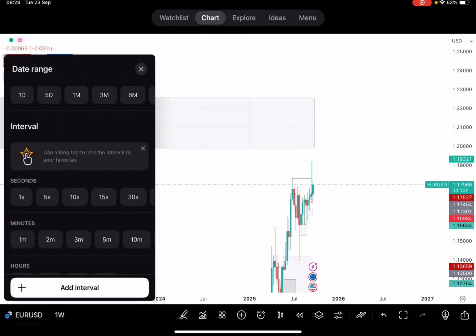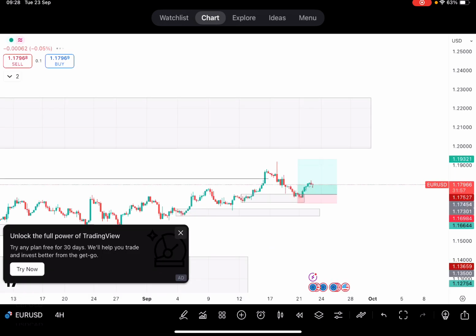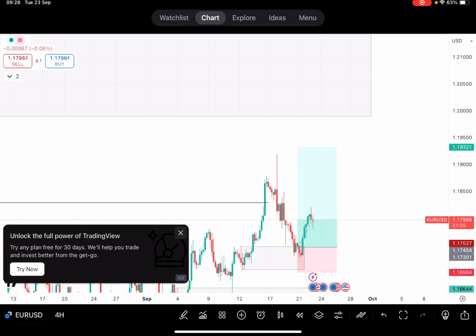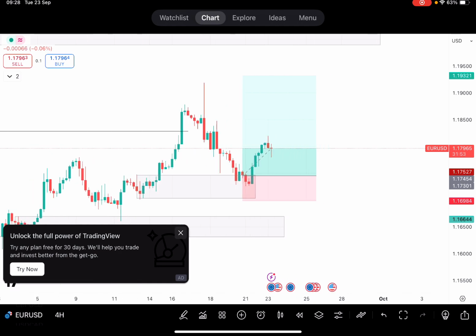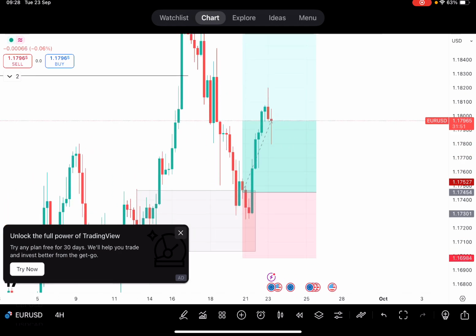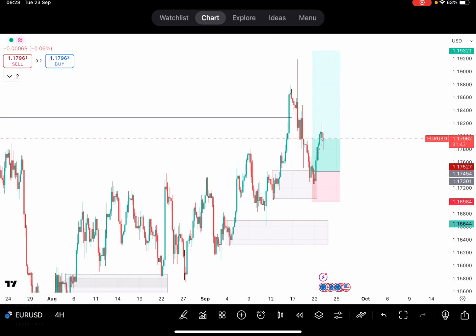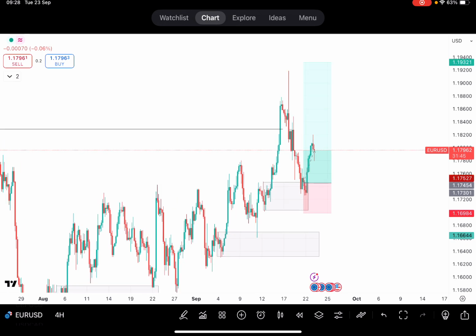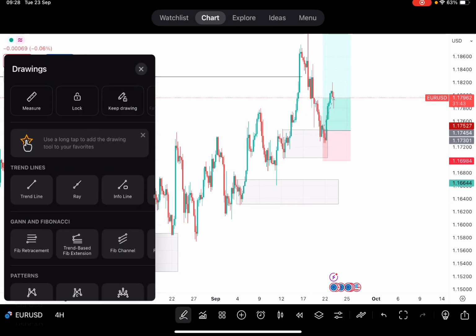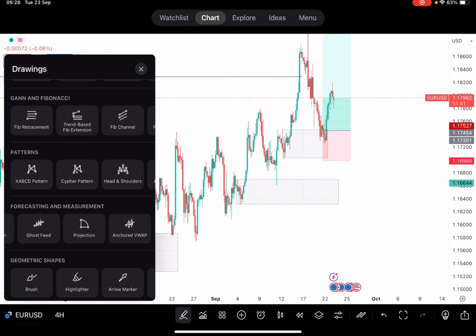So I'm in a trade on the 4 hour time frame. As I was able to identify the trend, what I just did is simple, checking 4 hours. The same thing I explained on the higher time frame, the same thing I'm going to explain here.